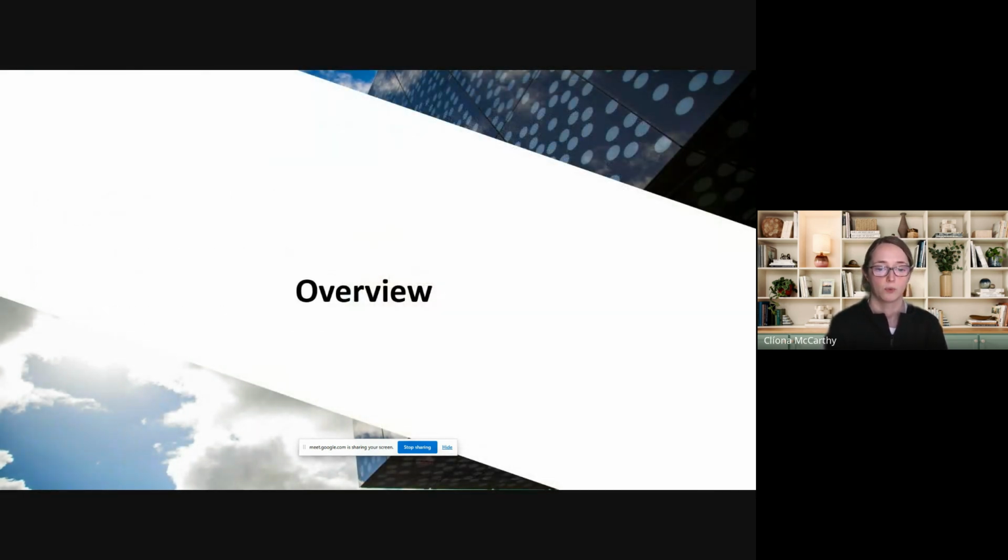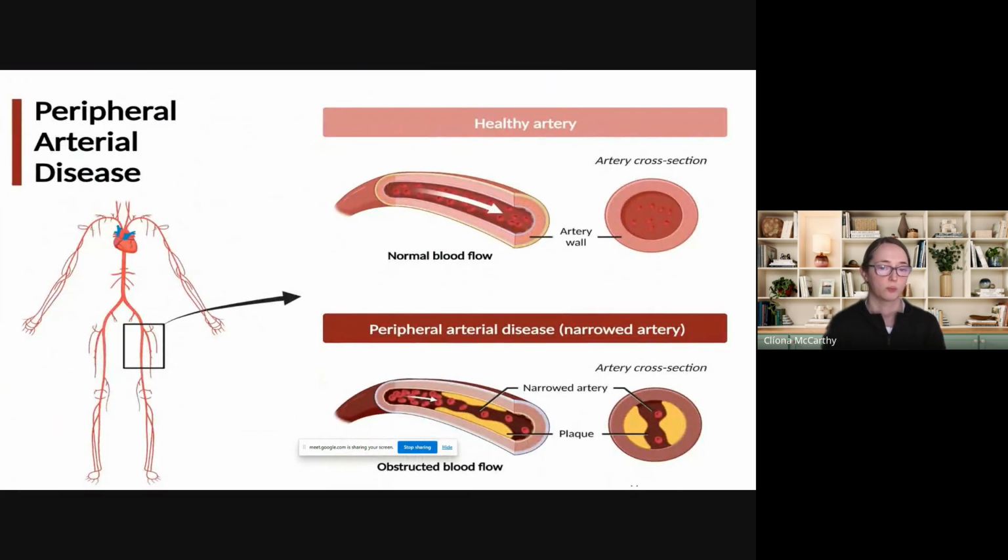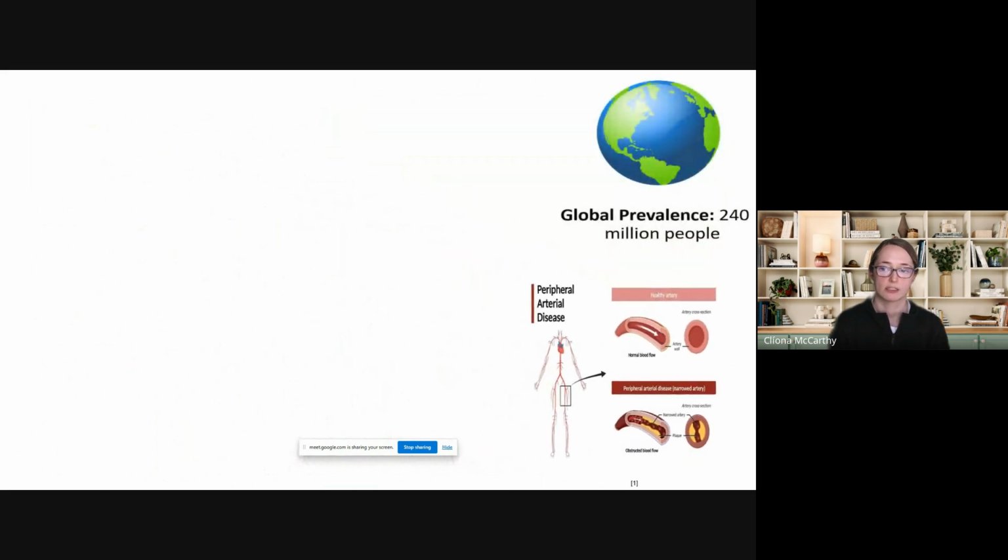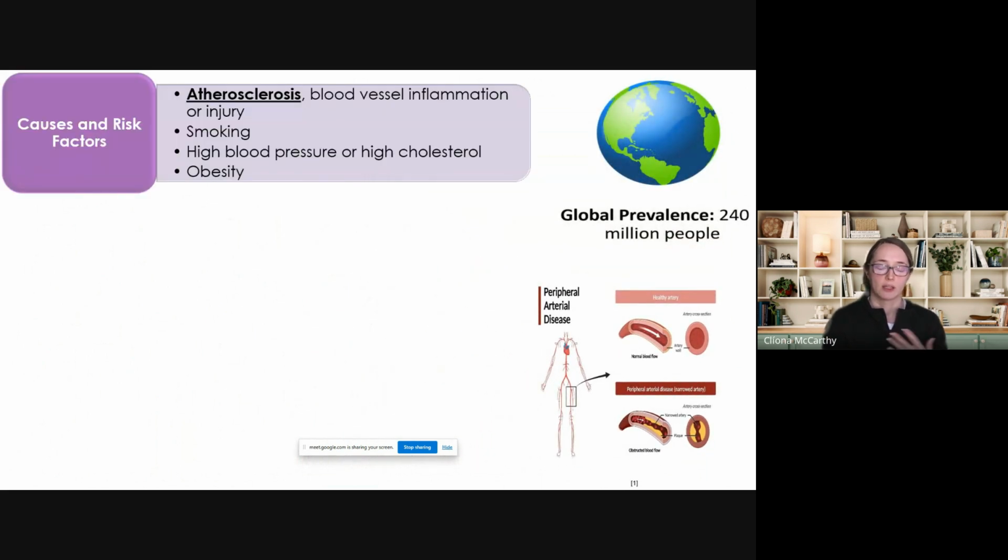So I would have worked mainly on peripheral arterial disease. We know that as with any type of arterial disease, it is generally caused by atherosclerosis, which is a build up of plaque in the arteries, causing a narrowing of the arteries and restriction of blood flow to the areas here in the peripheries.